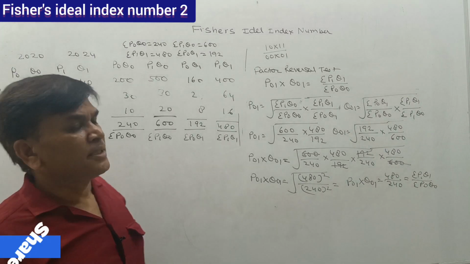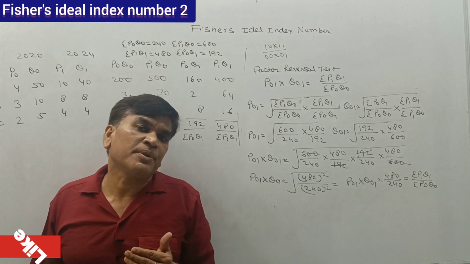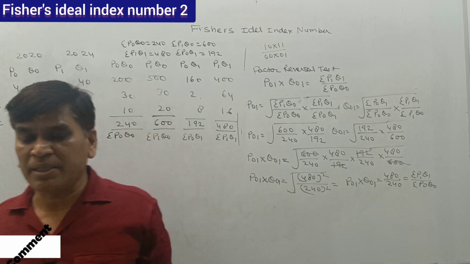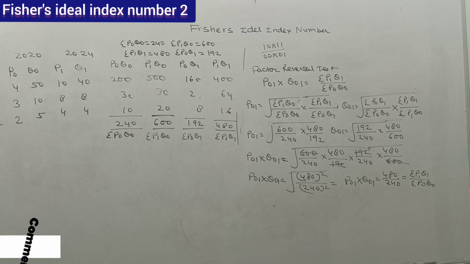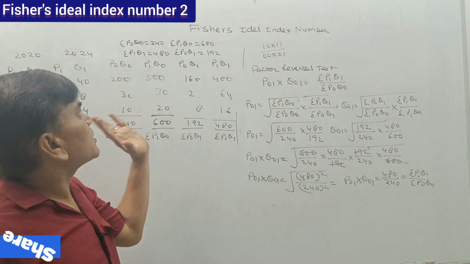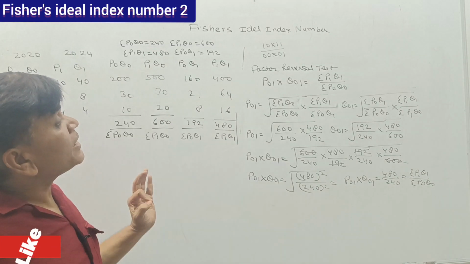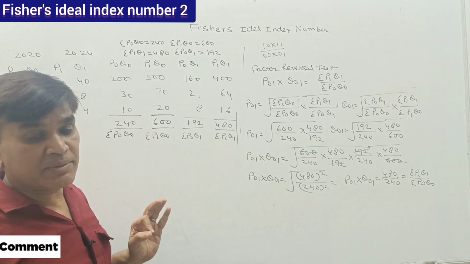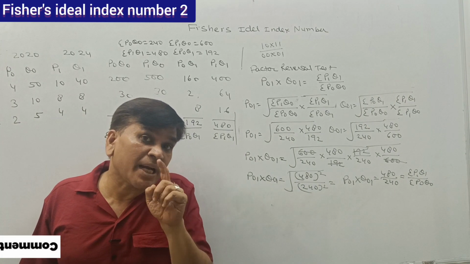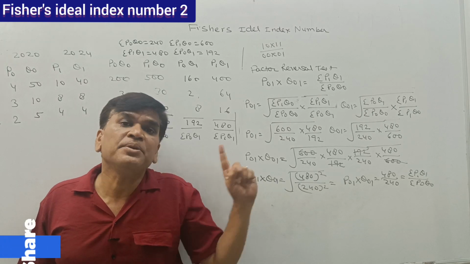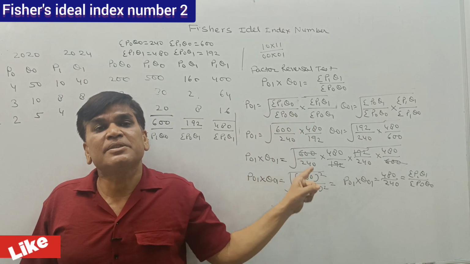So if a question on the Fisher ideal index number comes, first you have to solve the question. Then if they ask you to calculate the Fisher ideal index number and discuss the tests, you have to show these two tests.